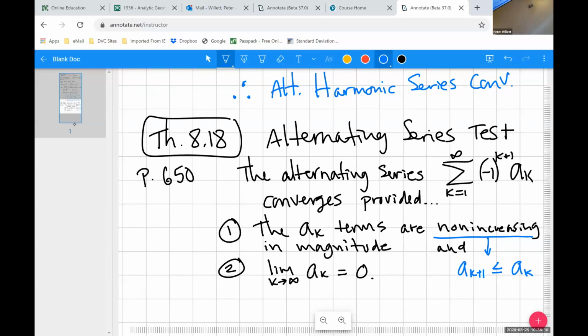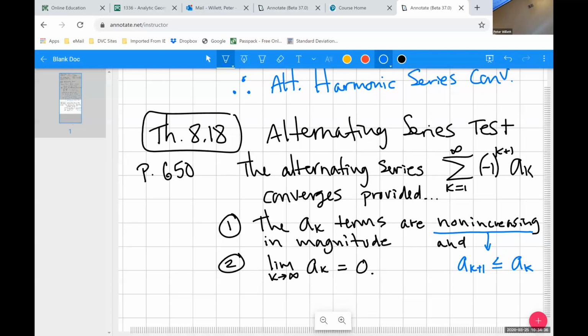They don't get bigger and then smaller and then bigger than smaller than bigger than smaller. They strictly just get smaller or stay the same in size. And eventually, the limit goes to 0. If those two things are in place, then an alternating series must converge.